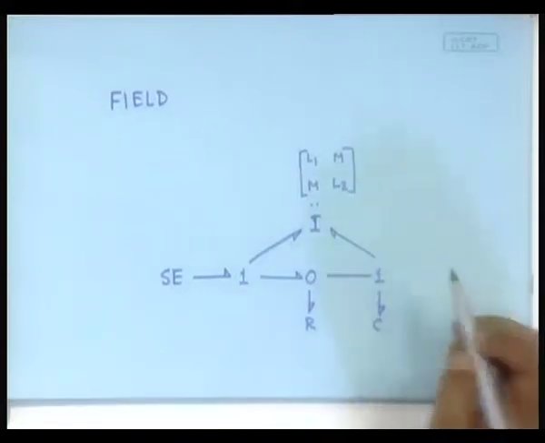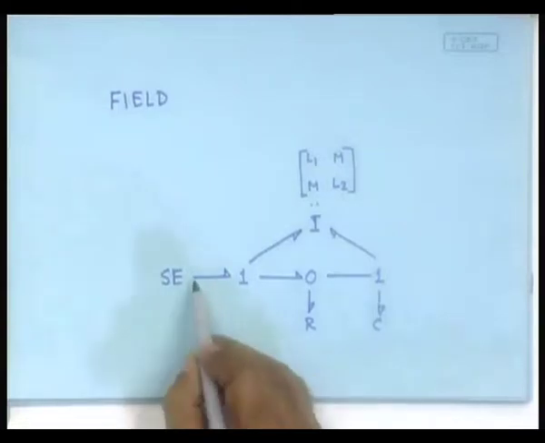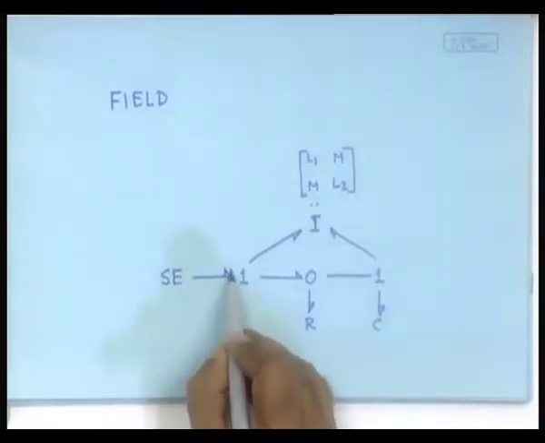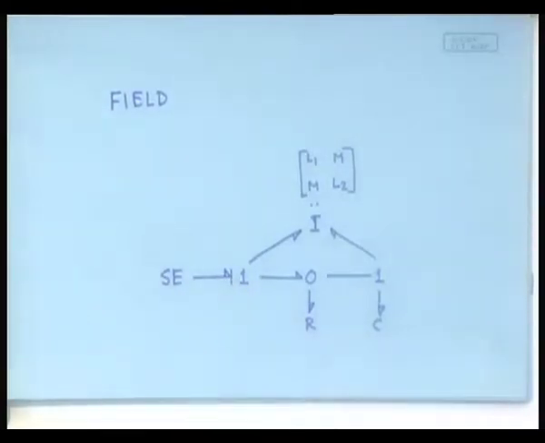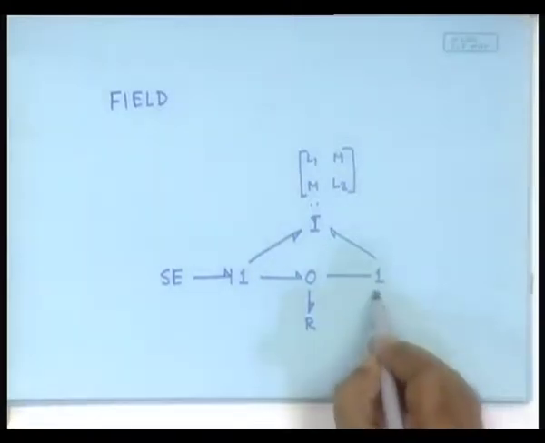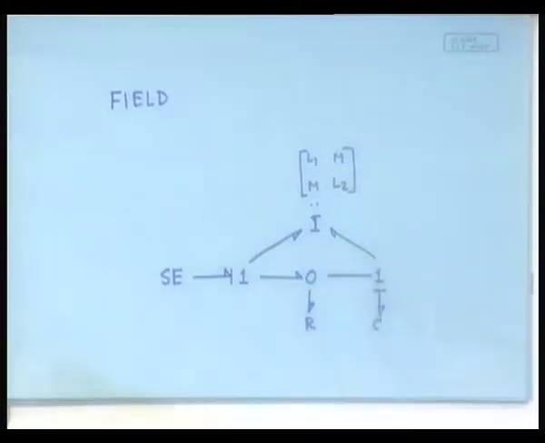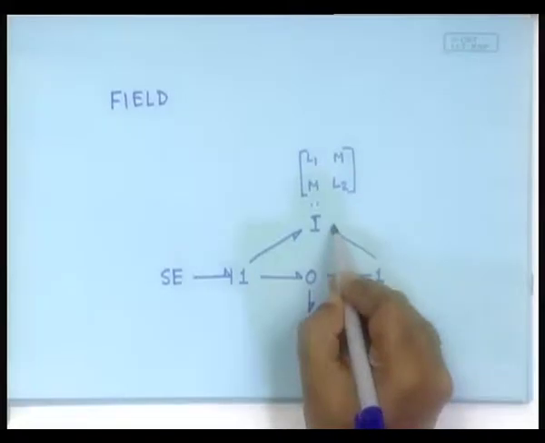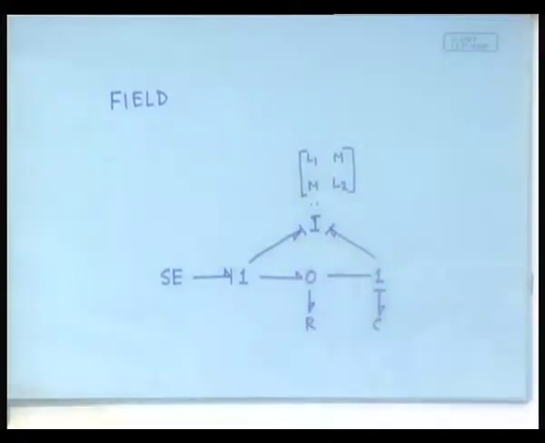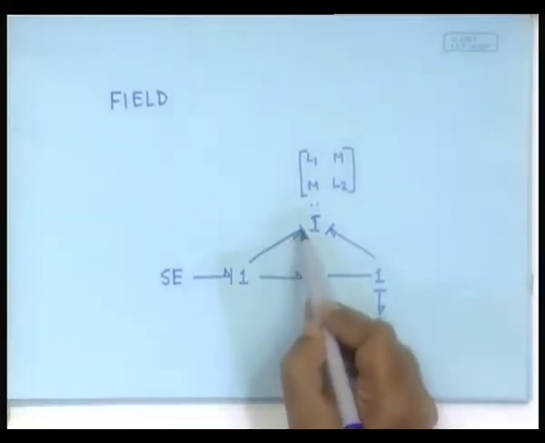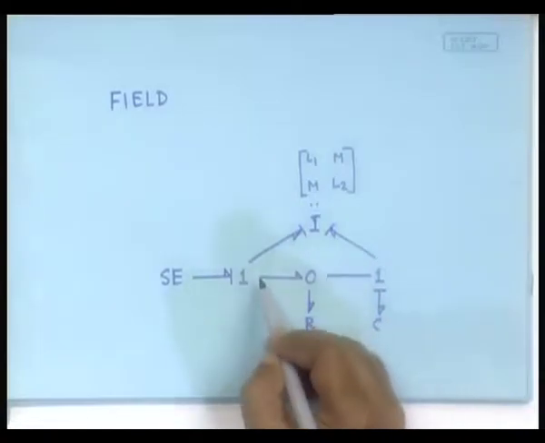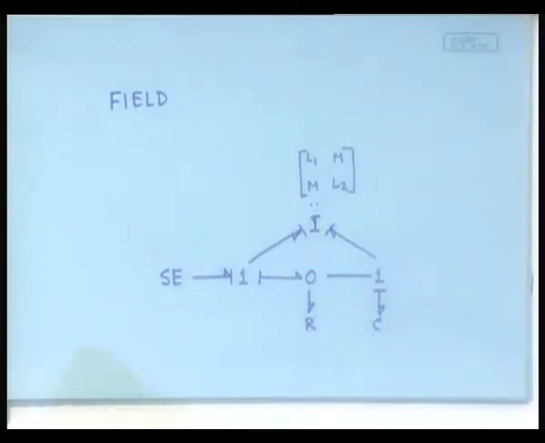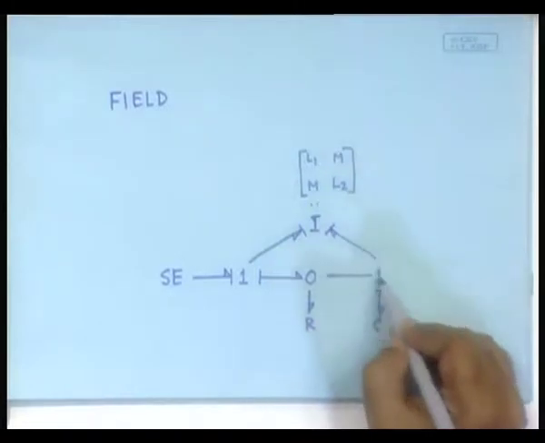You have the causalities now. SE will be receiving flow and giving effort, C will be receiving flow and giving effort, I will be giving flows. The moment the flow comes to this one junction, it will distribute.